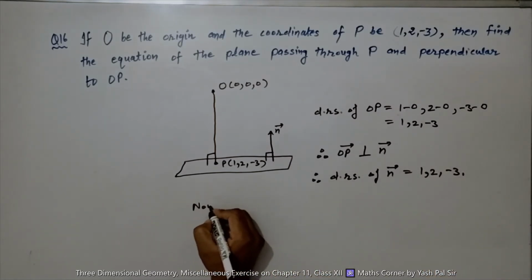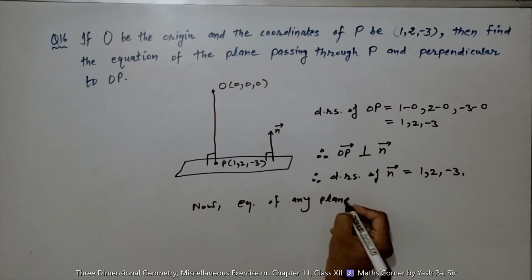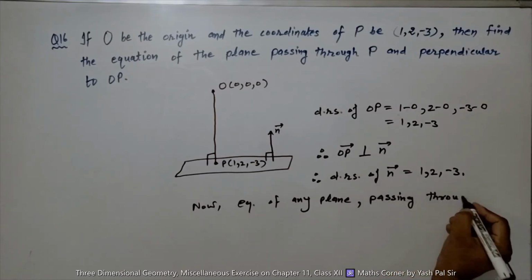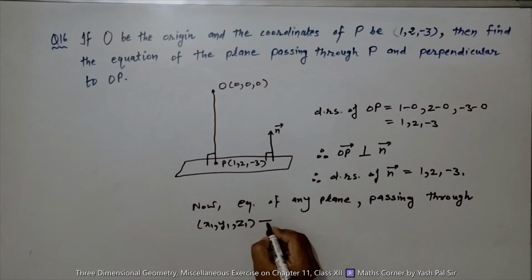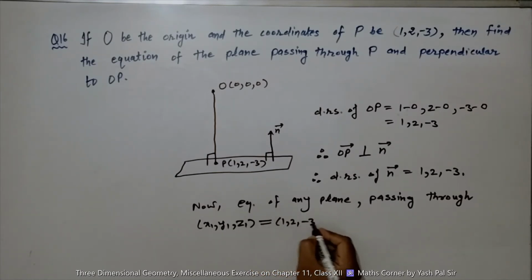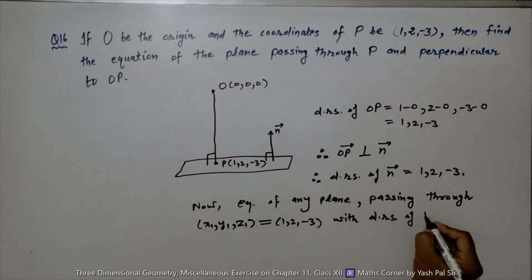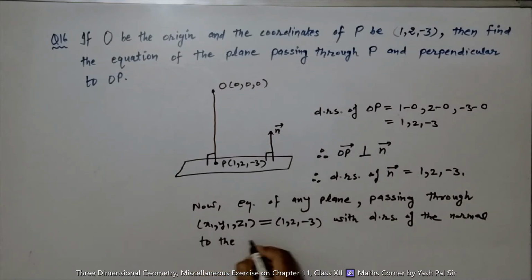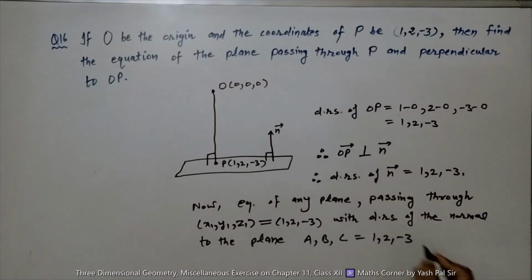So the equation of any plane passing through x1, y1, z1, here this point is 1, 2, minus 3, with direction ratios of the normal to the plane A, B, C, which are equal to 1, 2, minus 3.